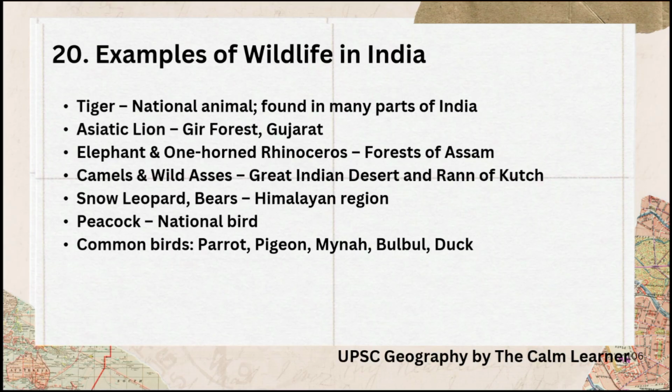Snow leopards live in Himalayan region and camels in desert regions. India is also rich in bird life, and many common birds like parrot, pigeon, myna, bulbul, and duck are found in India. Also, peacock is our national bird. This all reflects the climate, vegetation, and wildlife relationship.